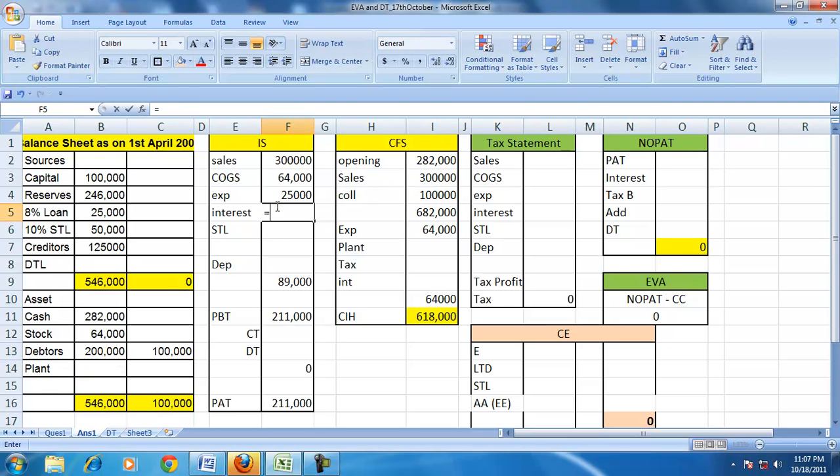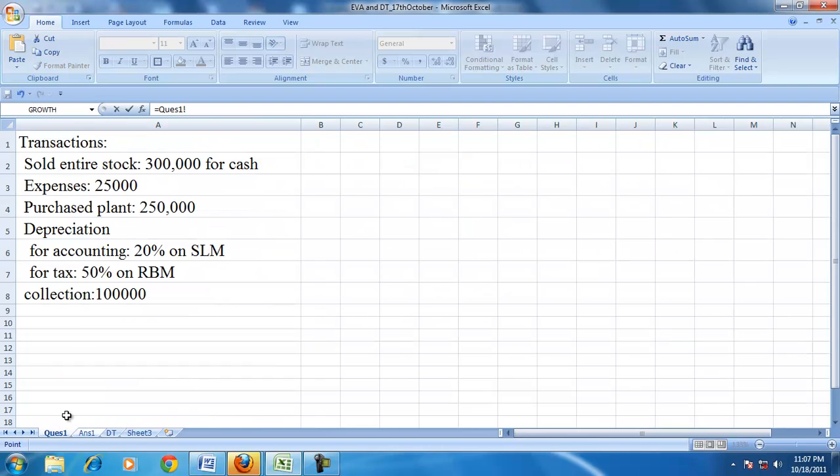Interest on the loan is 0.08, and interest on the short-term loan is 0.10, and let us assume that we pay the entire interest during the period whenever it is due. So interest is paid.